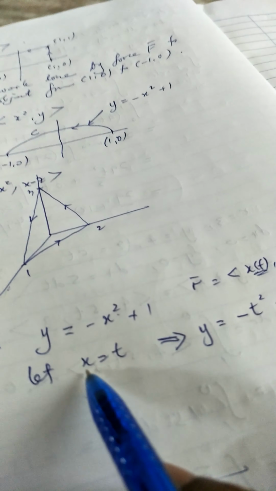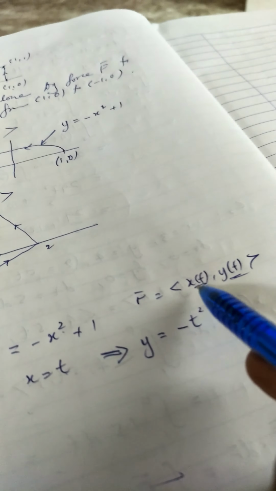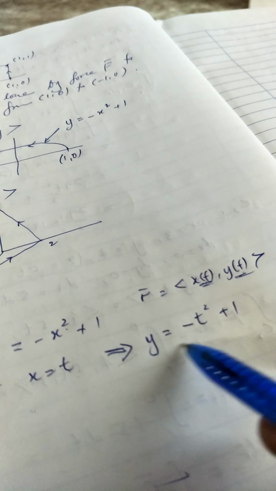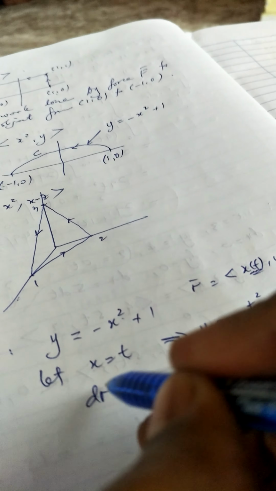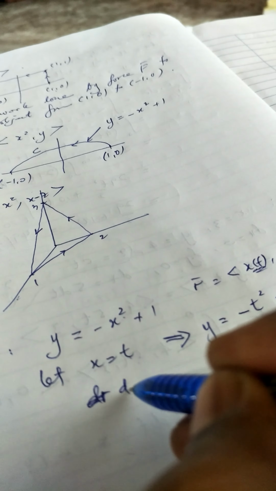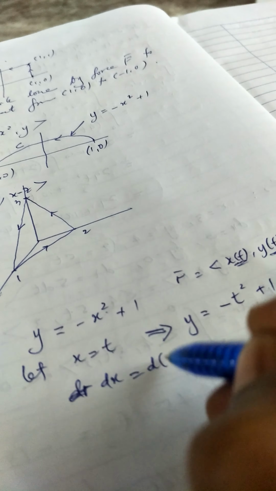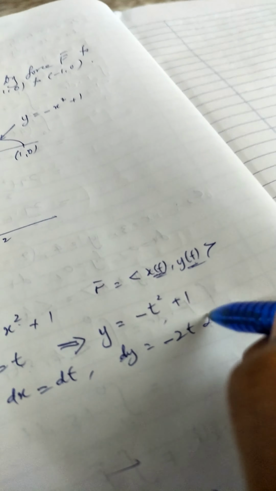So when we let x is equal to t, our x is equal to t and our y of t becomes like this. Okay, and so we also need dr. So dr is basically we need to differentiate those. dt, we need to differentiate this, negative 2t dt.